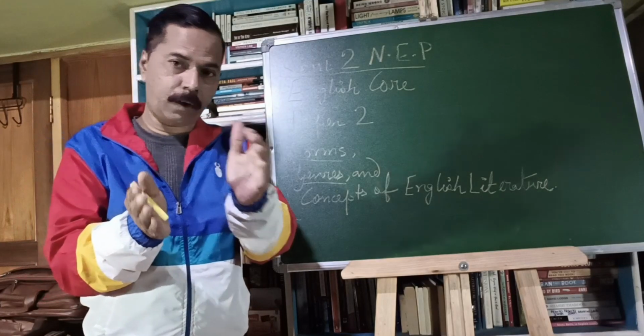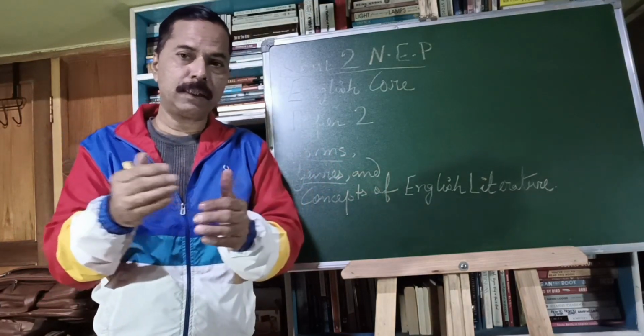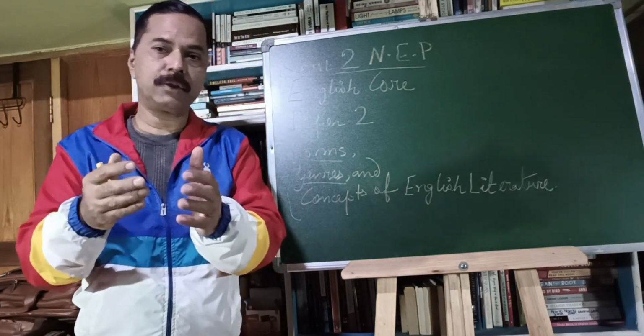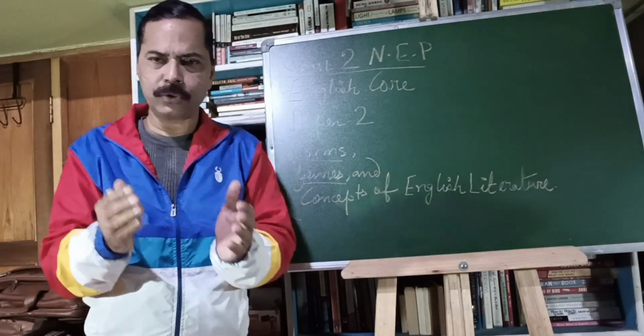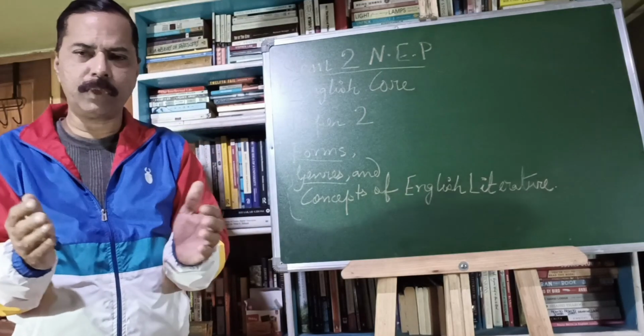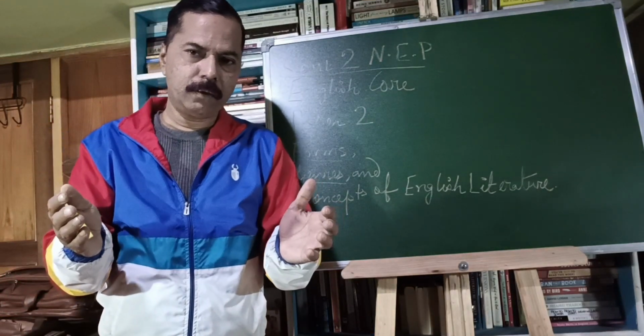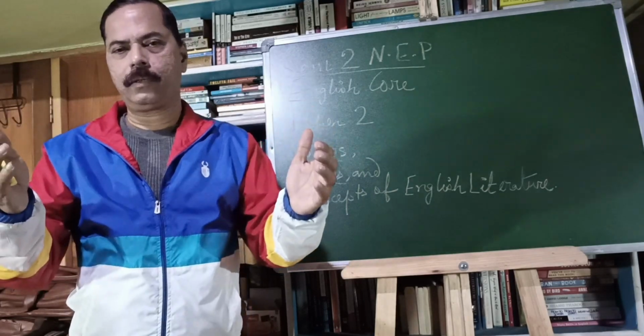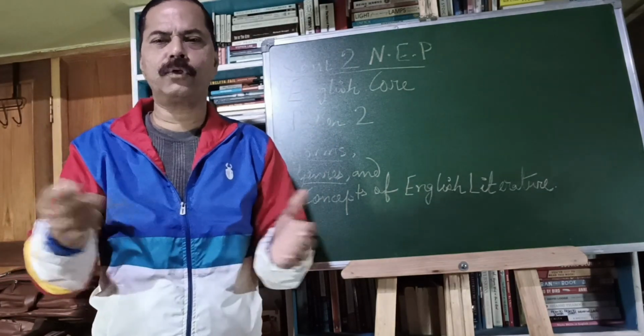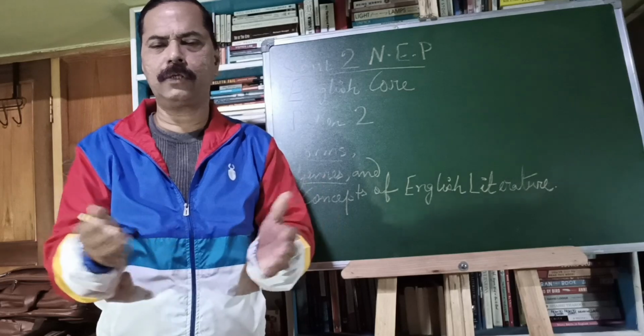In your first semester, you studied the literary and social history of England. In doing so, I'm sure you got some idea what literature is. Now, literature, in a broad sense, means all kinds of writing. Any writing is called literature.